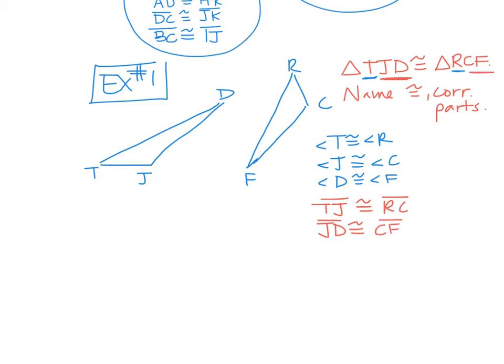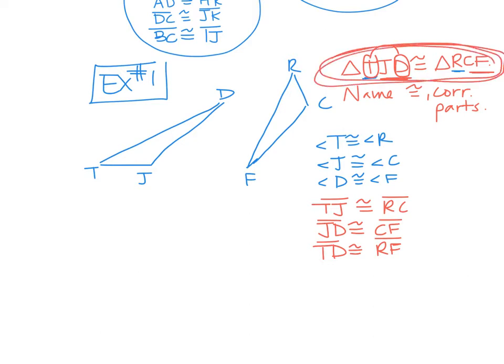Okay, and then you have to do first and last for your last one, right? T and D, so TD is congruent to, which one? FR, or RF, either way. Okay, so you're just matching up congruent angles, congruent sides. Does that make sense? Pay attention to this. Whatever they give you is going to help you with 10. Okay?